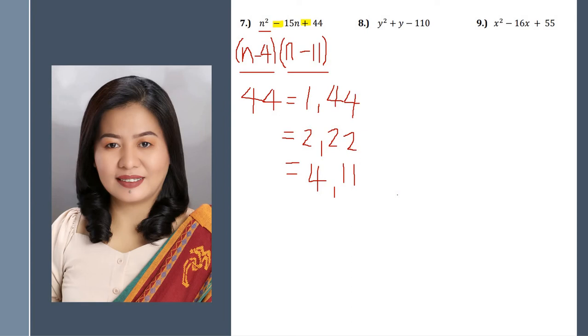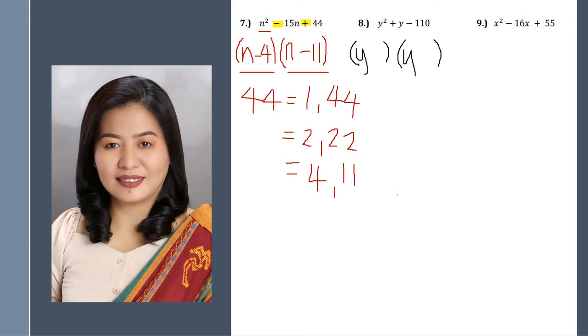Okay, moving on to our next number, y squared plus y minus 110. So what are the factors of y? It will be y and y.